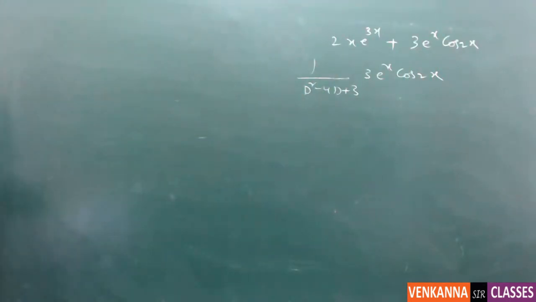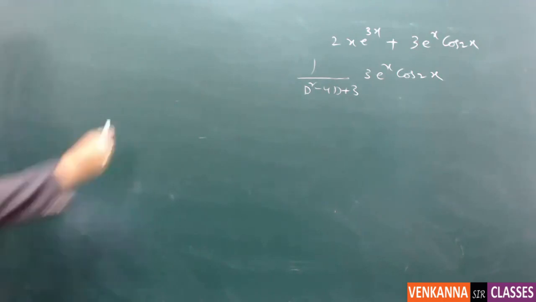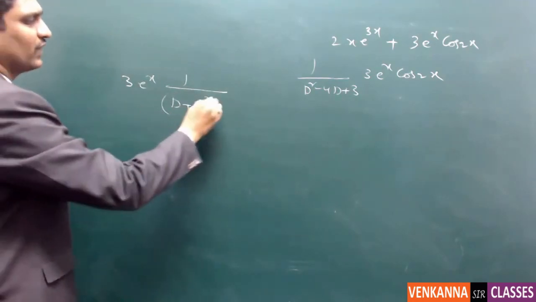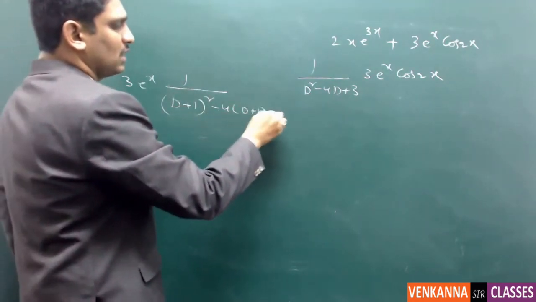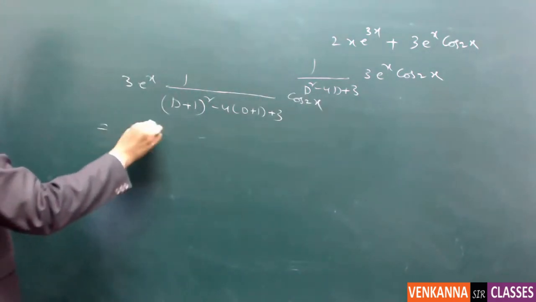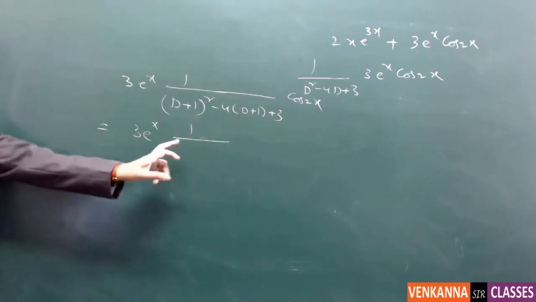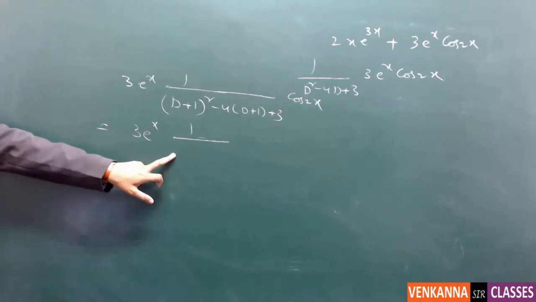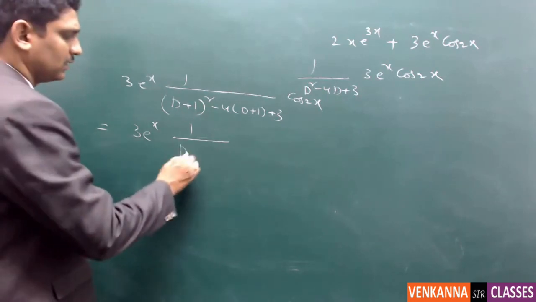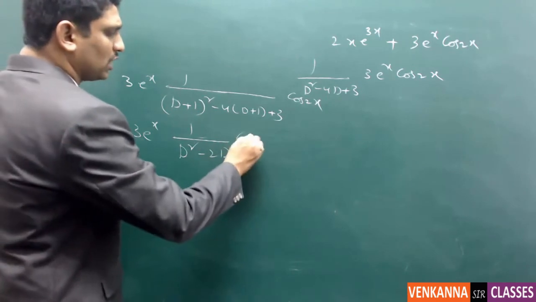So for this part, take the exponential to the front. So 3 e power x by 1 by D plus 1 whole square minus 4 into D plus 1 plus 3 of cos 2x. If we simplify that, it is D square minus 2D into cos 2x.